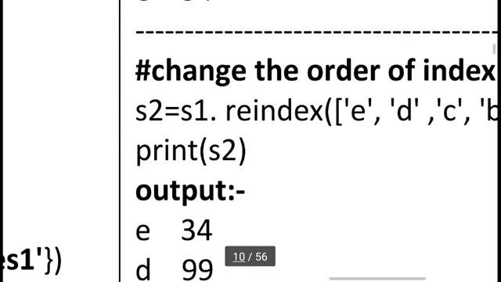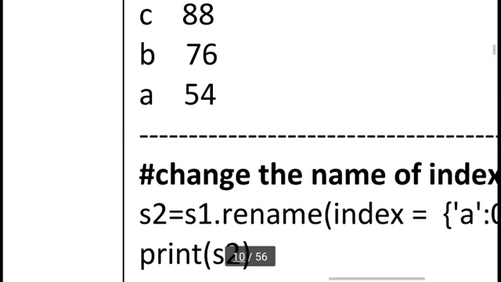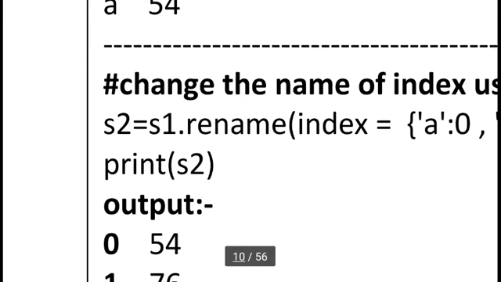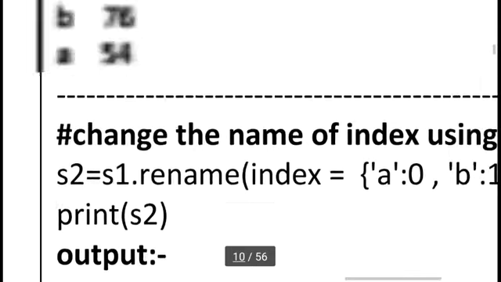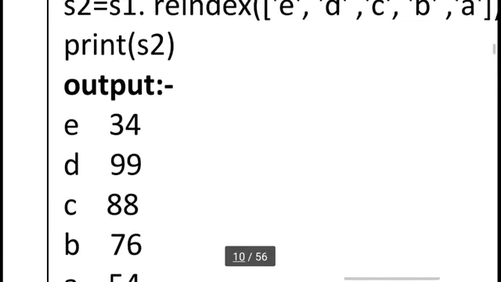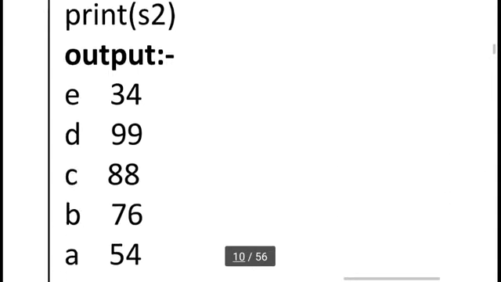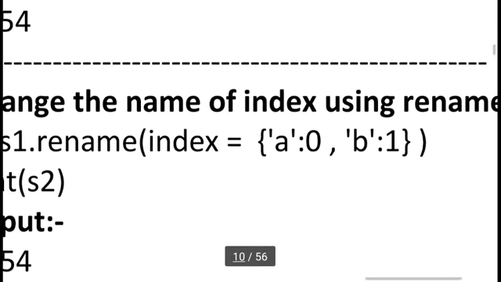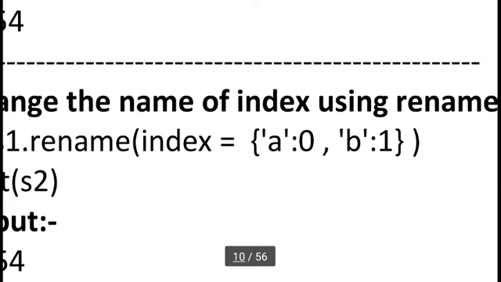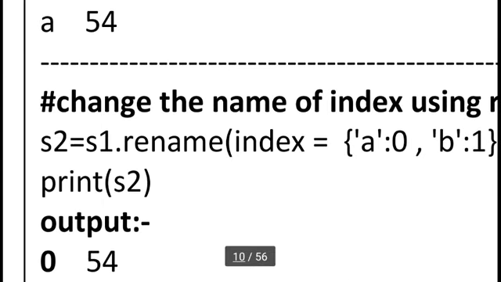So the index can also be used in our data frame or series, and we can also rename. The old names are A B C D, but I want to change them into numerical default index again. So here I am using rename with index equal to A:0.